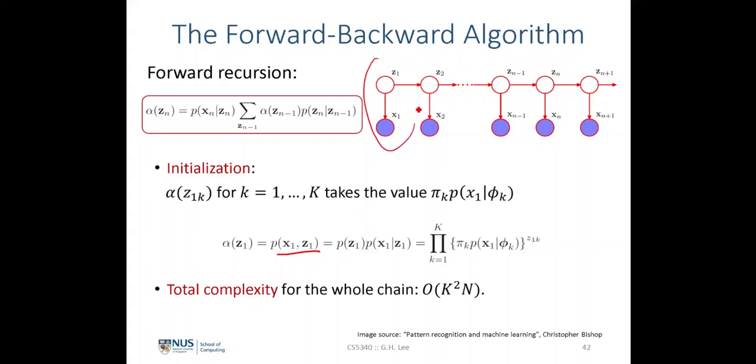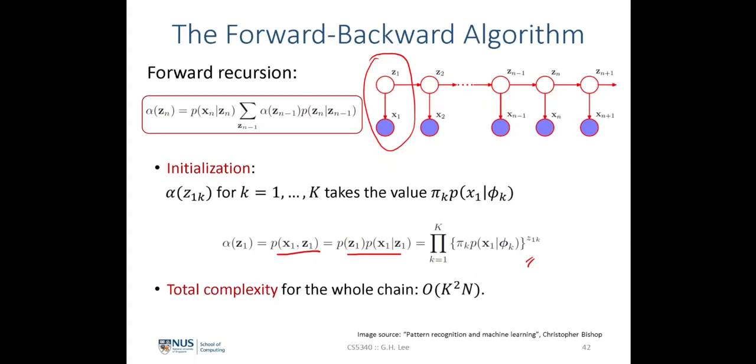Hence, we only need to look at these two random variables in the graphical model, which evaluates to this particular joint probability distribution, or the factorized expression given by this term. This is similar to the mixture model that we have seen earlier in the previous lecture.